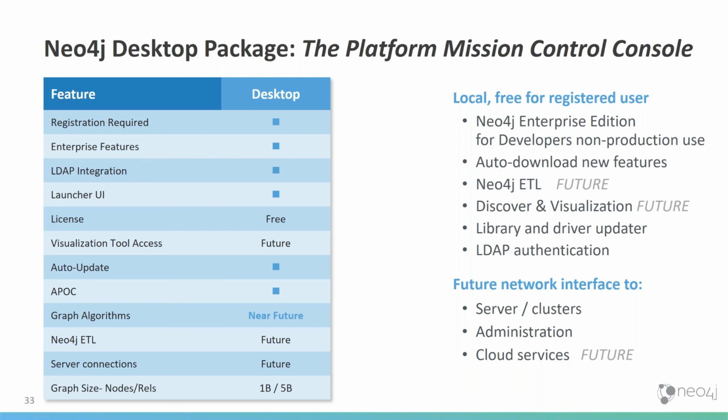As we demonstrate this and folks get used to it, you'll see that it includes a number of integration tiles or launchers, if you will, and those don't necessarily have to be things that Neo4j builds. They could be things that you build, or the community builds. So community-oriented applications can be integrated into the desktop very, very easily.